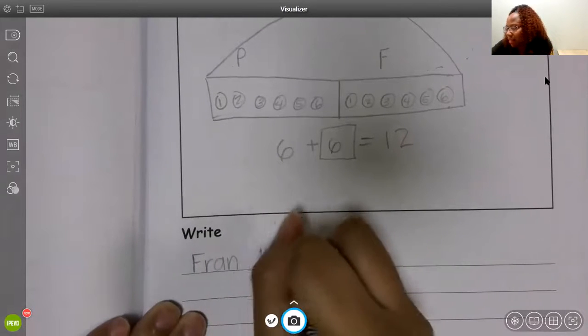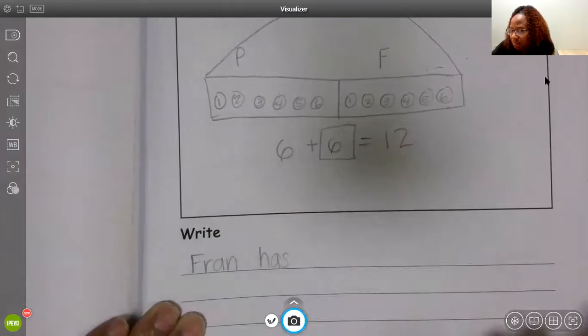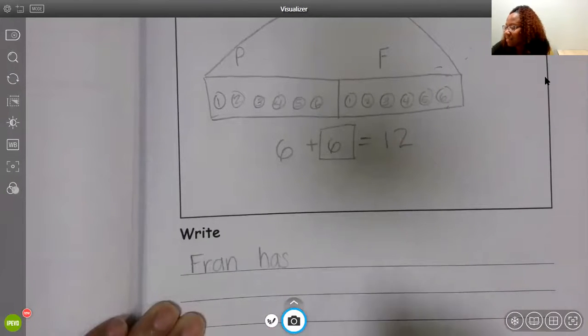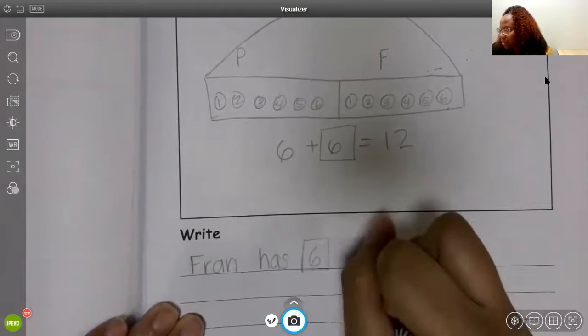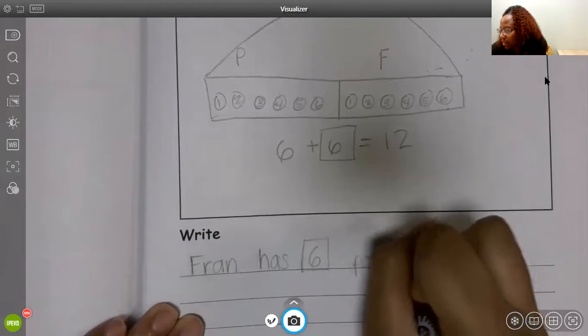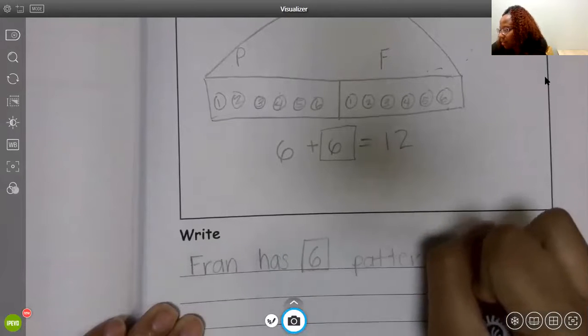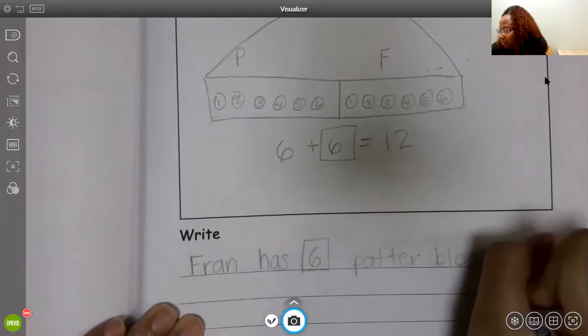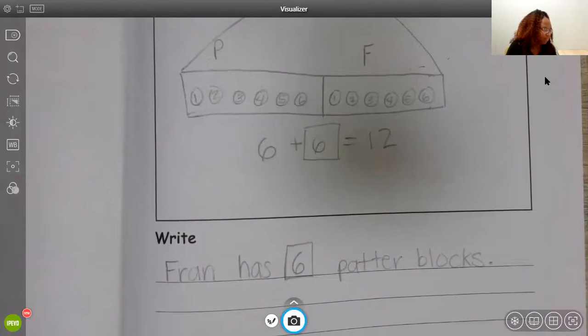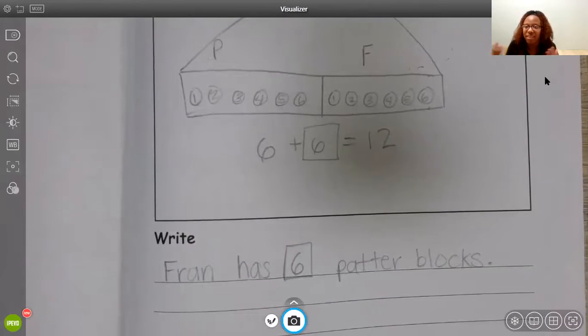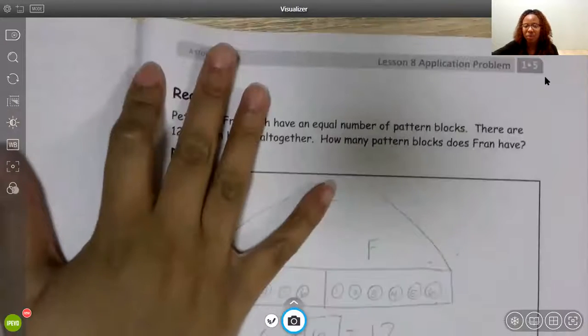So Fran has, how many blocks does she have? 6 pattern blocks. Don't forget the period at the end. And there we go. We just solved our problem all together.